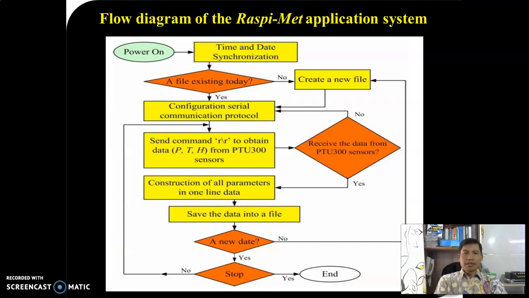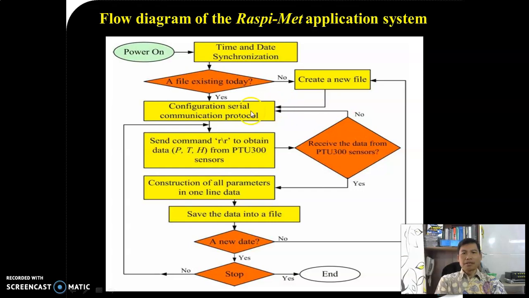This is the flow diagram of the RASPIMET application system. When we turn on the power, the system will synchronize the time and date, and then ask if there is an existing file today. If no, it will create a new file. If yes, it will configure the serial communication. Then it will send a command to the PTU sensor to measure the pressure, temperature, and humidity, and the system will receive the message from the sensor.